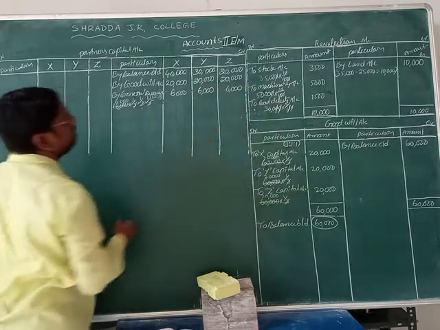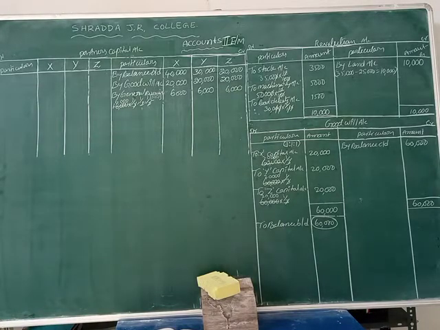So total general reserve is 18,000 rupees. X we can give 6,000, Y also 6,000, Z also 6,000 rupees. Total general reserve we distribute to three members. Which ratio is it? Equal ratio. Equal ratio means 1:1:1. Okay now, students, so this is the general reserves.